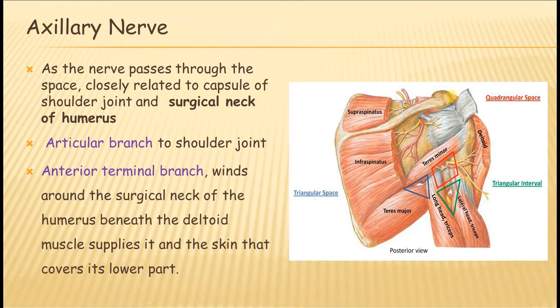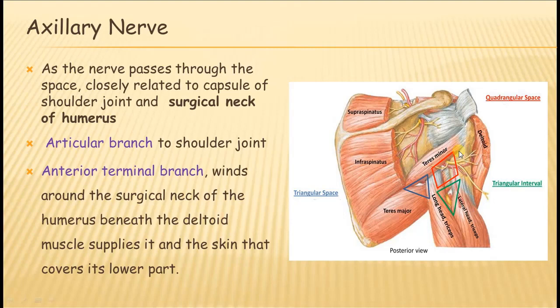Okay. Now, as it passes through the surgical neck of the humerus, definitely it is closely related to the capsule of the shoulder joint, and it also gives an articular branch to the shoulder joint. So here you should actually recollect Hilton's law.